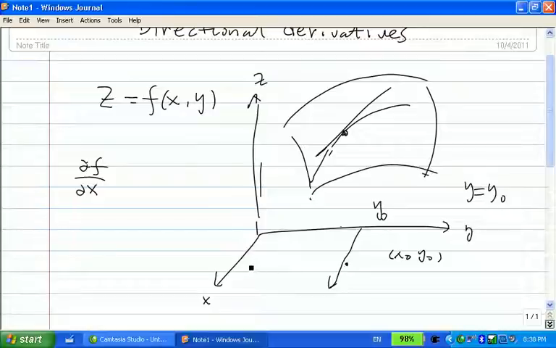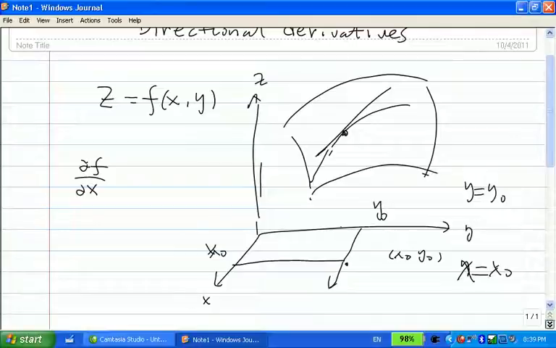Then similarly, you can fix x at x naught. In other words, let x equal x naught. Then you go up and intersect your surface. x equal to x naught is a plane, parallel with the yz plane.